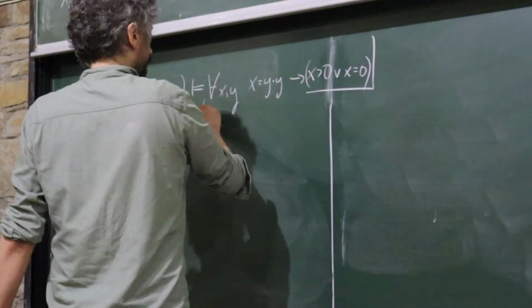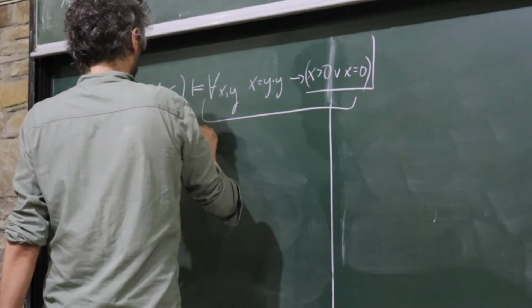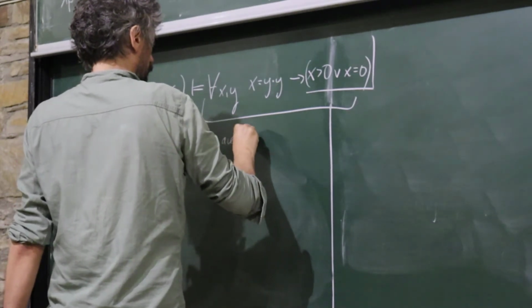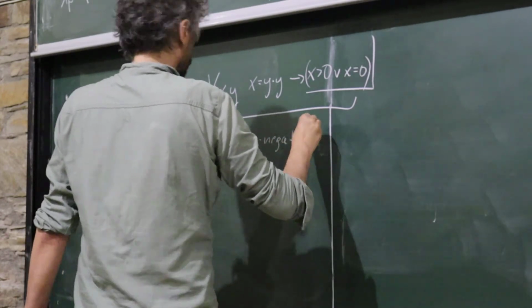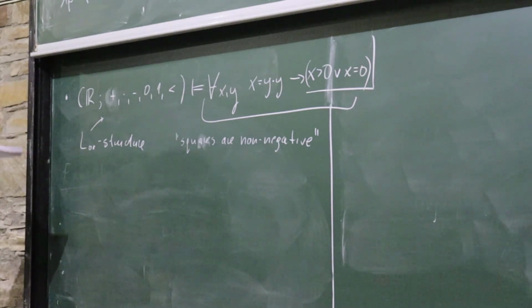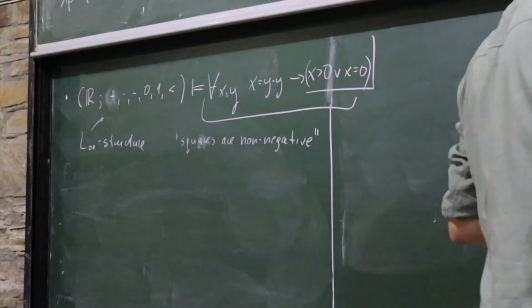So the sentence says squares are non-negative. So this is another example of a sentence in this particular language, which is true in this particular structure. Now, from any structure, we can create a theory.